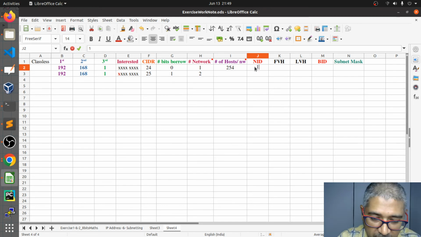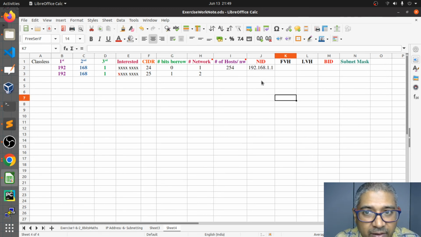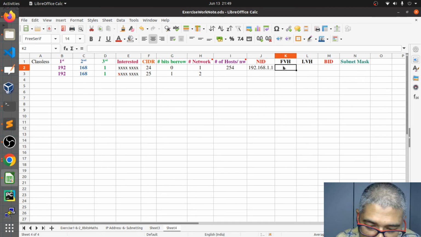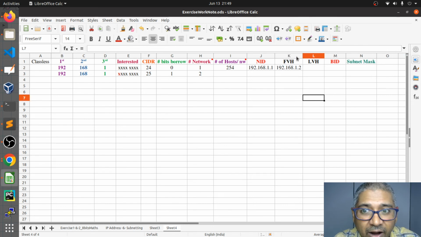So what will be the first IP? 192.168.1.1 is my network ID, right? Okay. What will be the first IP? 192.168.1.2 is my first IP. Are you agree or not?